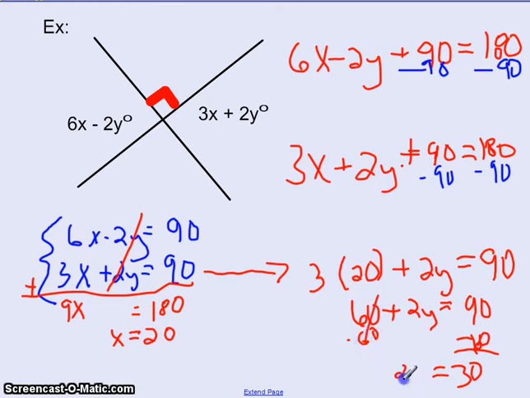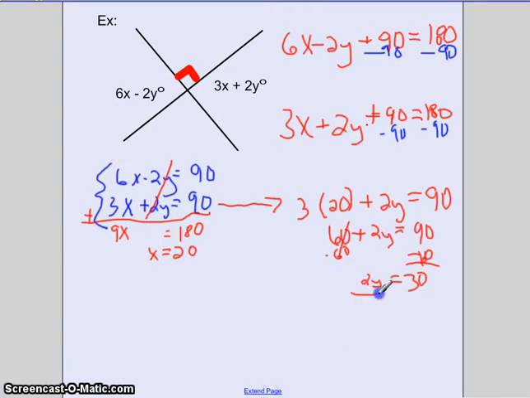So I have 2y equals 30. So if I divide by 2, see if I can extend the page a little bit, then y would be 15. So the ordered pair 20, 15 would be the solution.